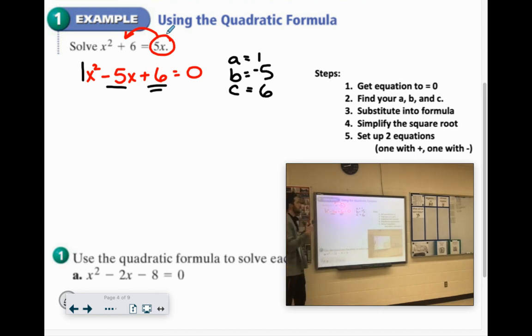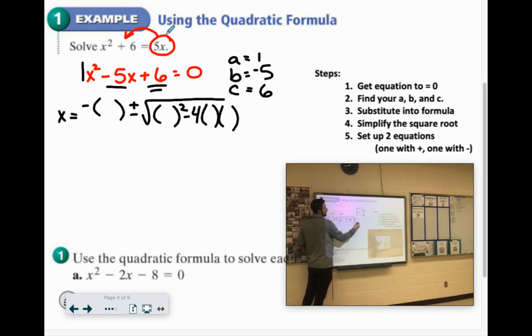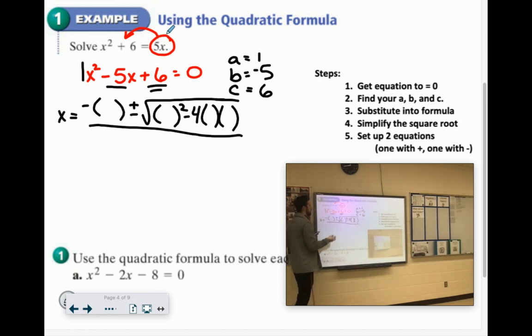We're dropping these into the formula. So the formula says x equals the opposite of b. You know what, I'm just going to leave some blanks, and then we'll fill them in a second. Plus or minus square root b squared minus 4ac. And you're going to do this formula so many times that you'll probably memorize it.